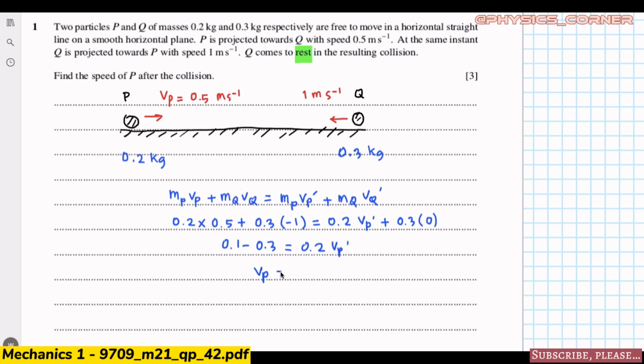So Vp equals negative 0.2 divided by 0.2, so Vp equals negative 1 m/s. It means P bounces back and goes to the left. So the answer is 1 m/s.